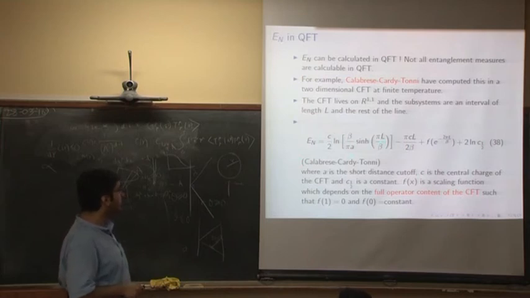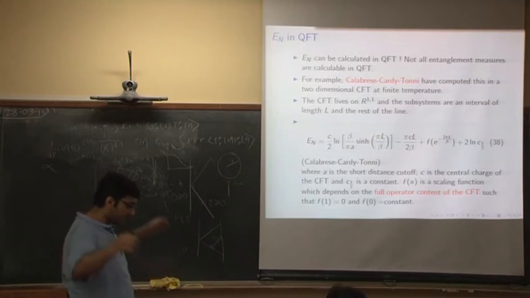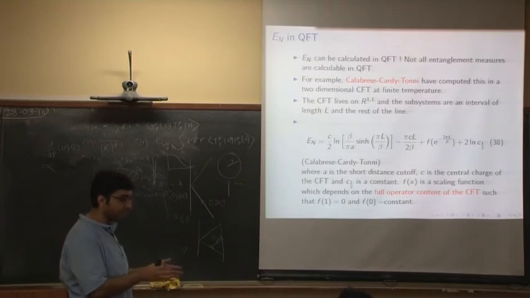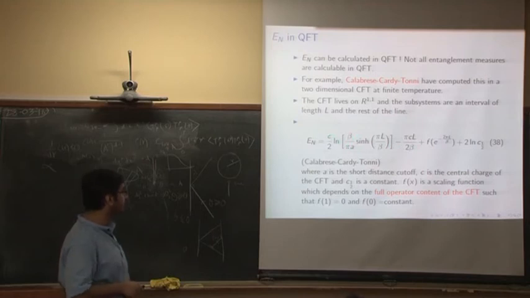Here I have this infinite system, and I take a subsystem of length L, just an interval, and the rest of the system is outside. Here a is a short distance cutoff, beta is the inverse temperature, c is the central charge, c-half is a constant, and f is the function which hides all the complexities of this thing.